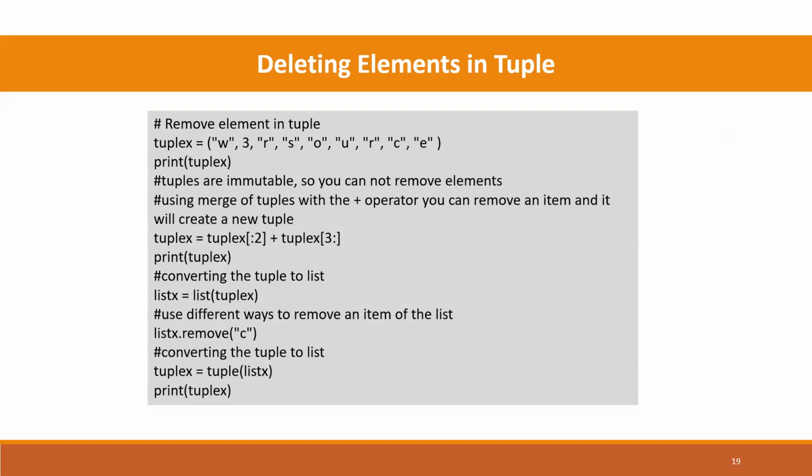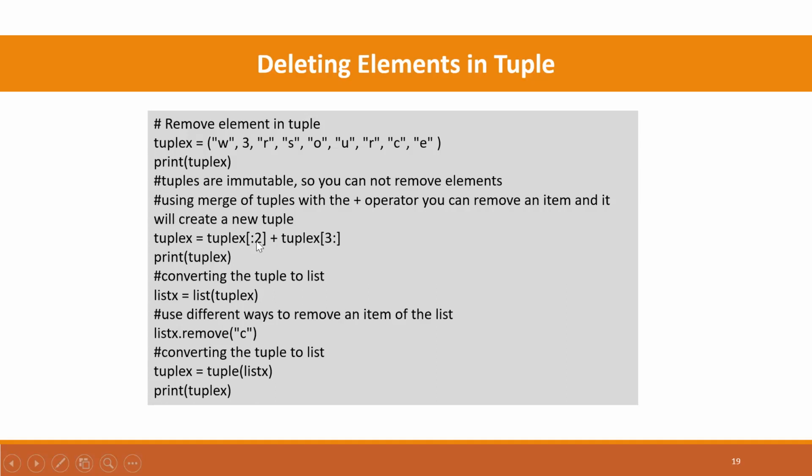So now the question is, if I want to delete a particular element from the tuple, what to do? Another way is we can create another tuple by removing that particular element. How can we do it? Look, this is tuple X comprising the elements W3resource. I want to remove a particular element. Which element gets removed?